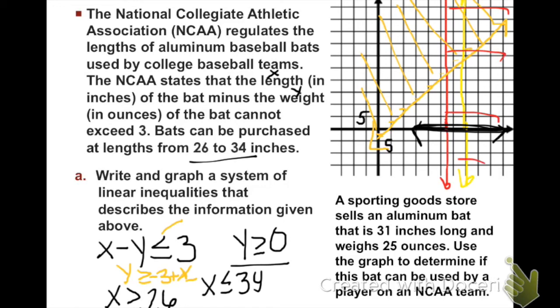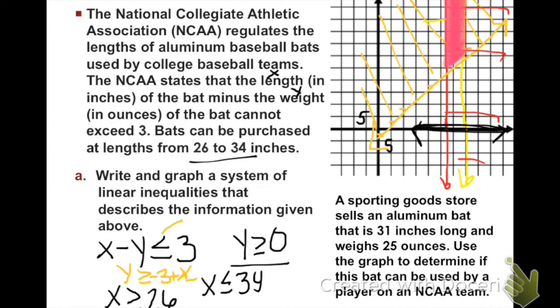And the yellow line is going this way. The region is kind of hard to see, but the region where they're all shaded would be right in here. So that is where the solutions of the system are.